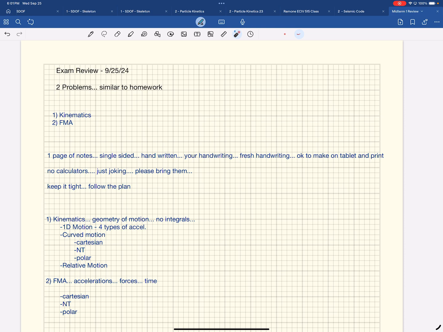And so the point of the cheat sheet. Yeah, it's nice to have that crutch there, right? Just in case you forgot an equation or something like that. But really, the main reason is it's a tool to make you study, because you have to sit there and go through your notes and pull out what you think is important. It's a little trick that I have to get you. And actually, most faculty do, because usually if you've studied right, you don't need to look at that.